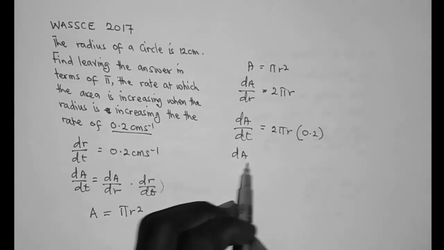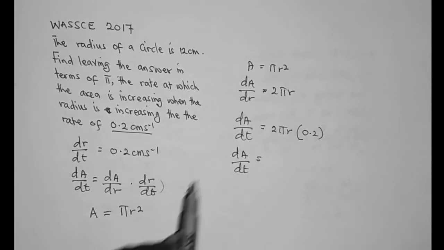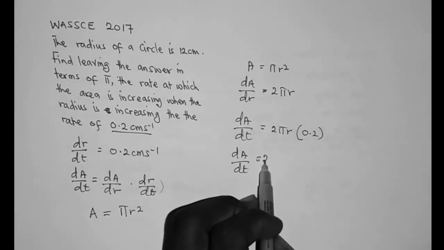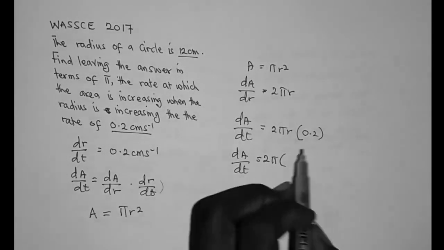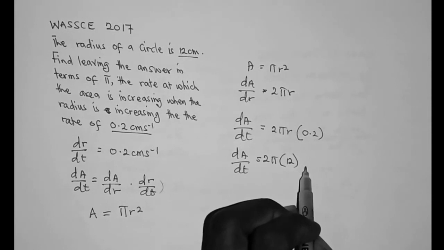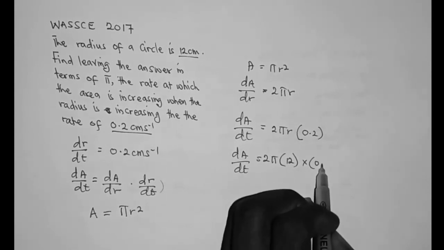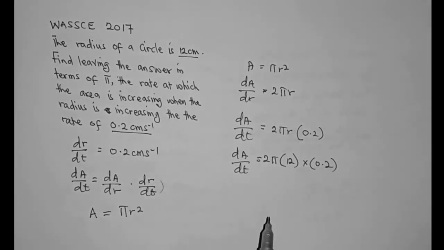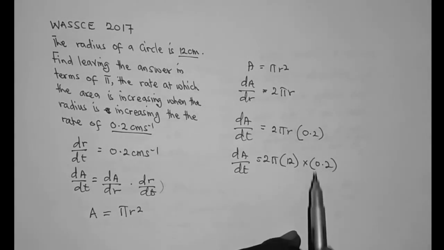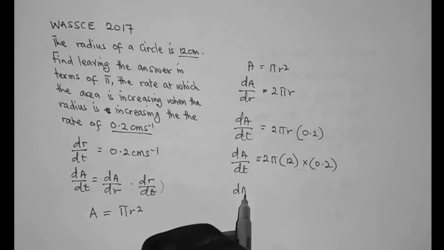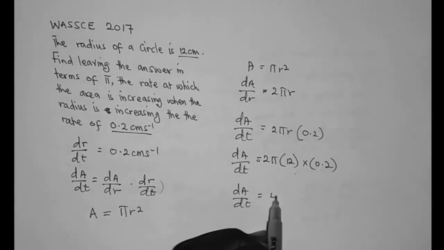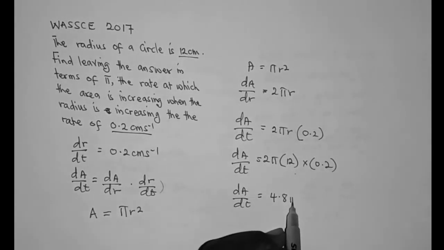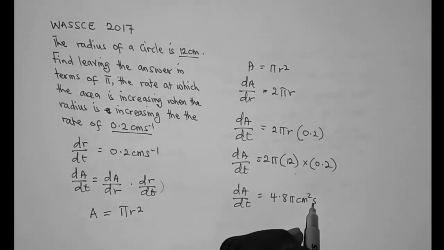So dA/dt equals 2 pi, but the radius of the circle was given as 12 centimeters, so times 12 times 0.2. And then the question said we should leave it in terms of pi. So dA/dt is equal to 4.8 pi centimeters squared per second.